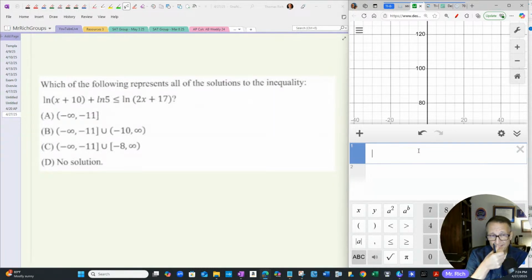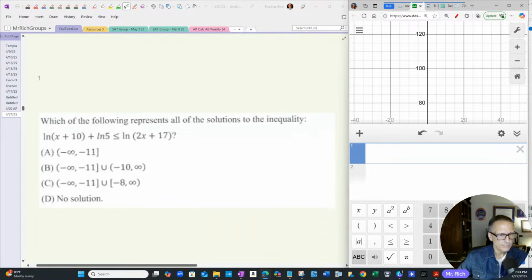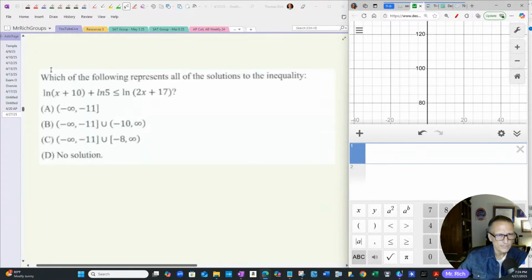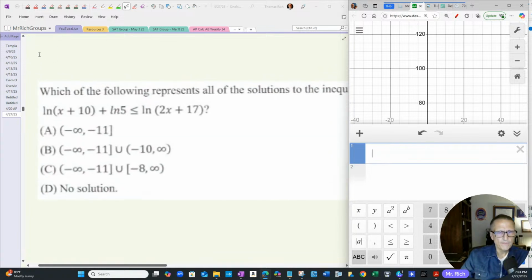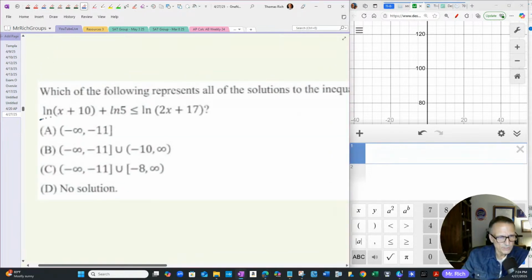Let's graph the left-hand side here. Now, I don't think this one is calculator active, but we'll come back to that one. Let's try it, though. All right, so if this is not calculator active, what I'm going to be doing is combining these into one natural log function.